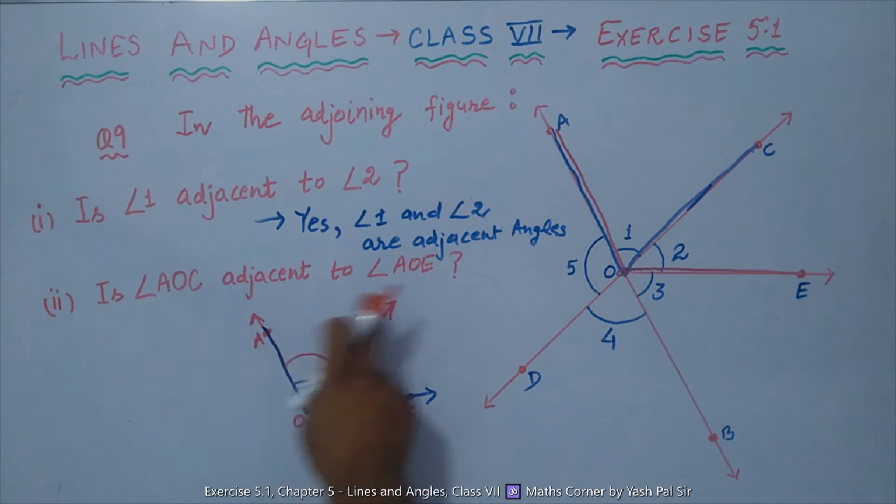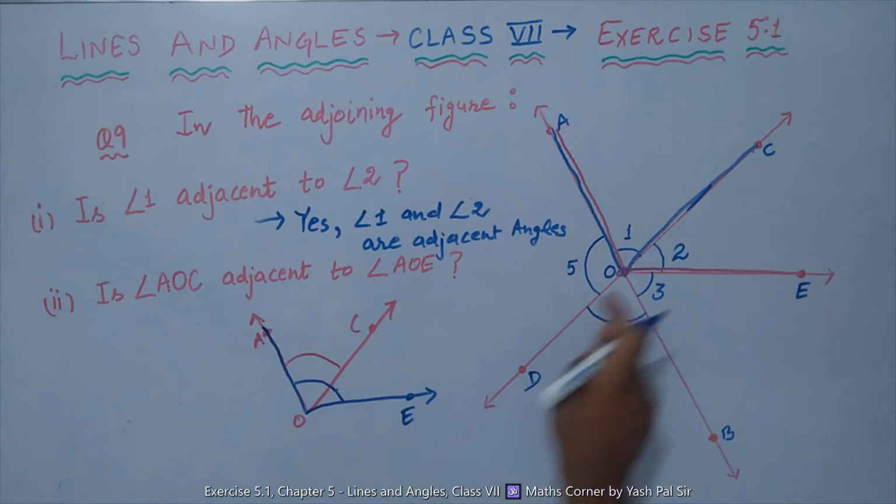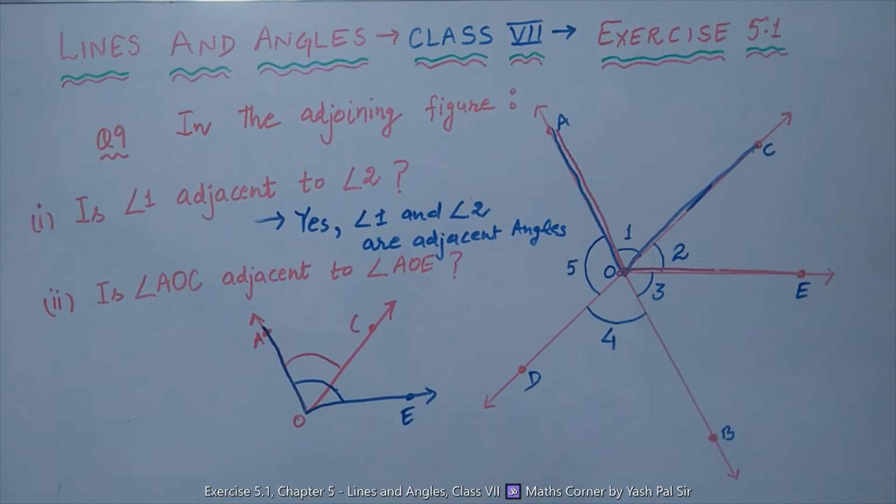Now are these two angles adjacent? So our answer is no, these two angles are not adjacent, because only angle 2 and angle 1 may be adjacent, right?